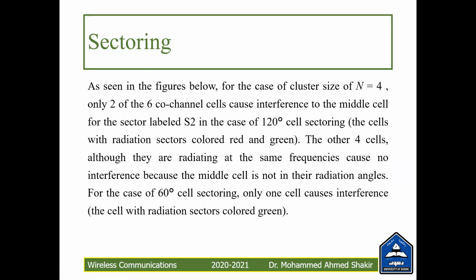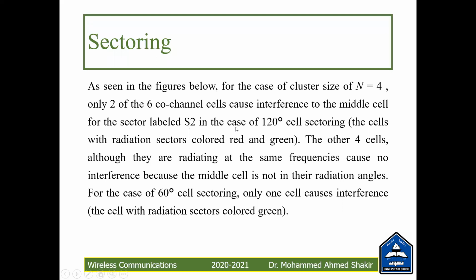Now we have explained the 120-degree sectoring. As seen in the figure below, in the case of cluster size N equal to 4, only 2 of the 6 co-channel cells cause interference to the middle cell labeled S2 in the 120-degree sectoring: the cells with radiation sector colored red and green.